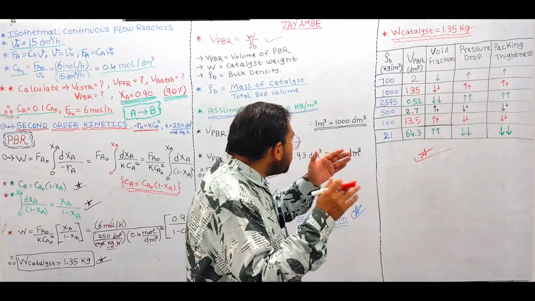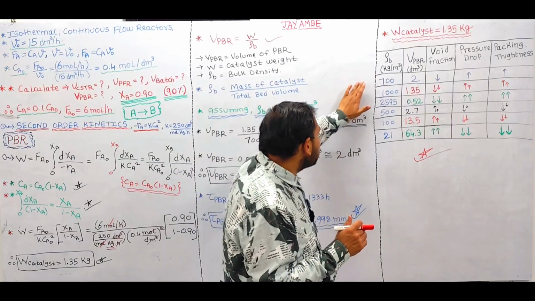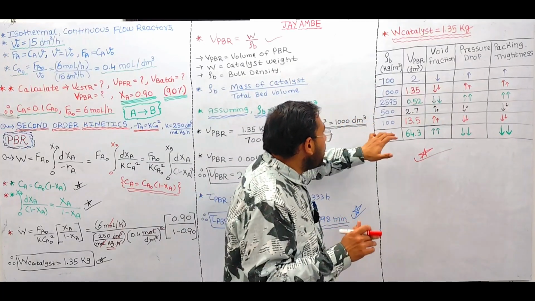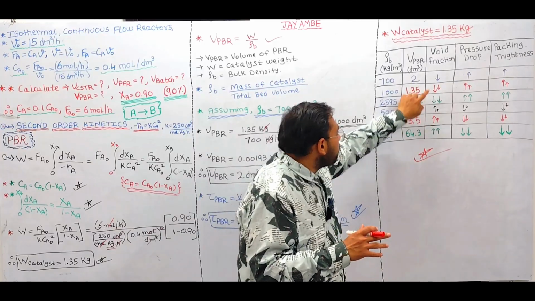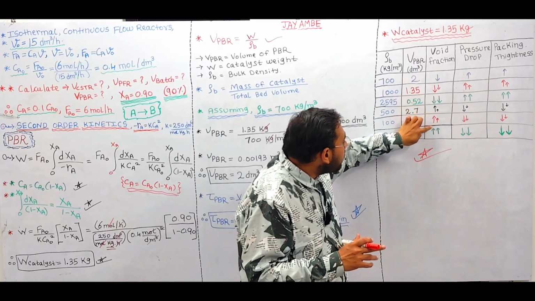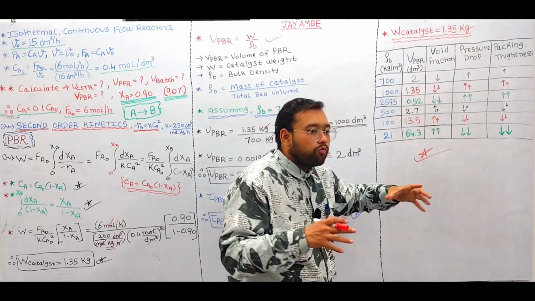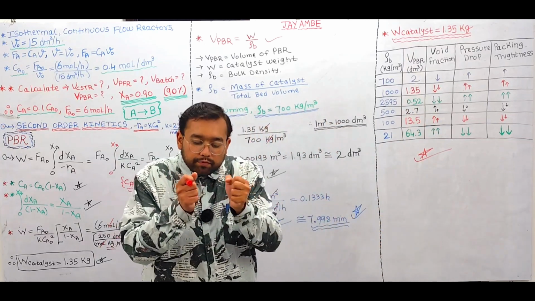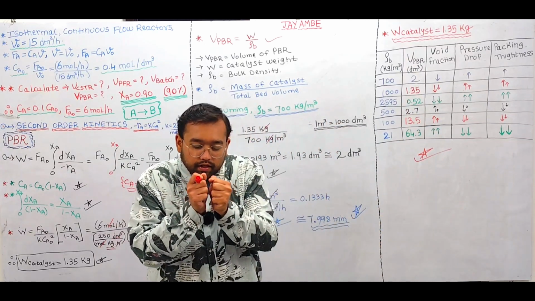By decreasing the bulk density from 700 to 500, 121, the void fraction is increased, which means the void space between the solid particles is increasing.